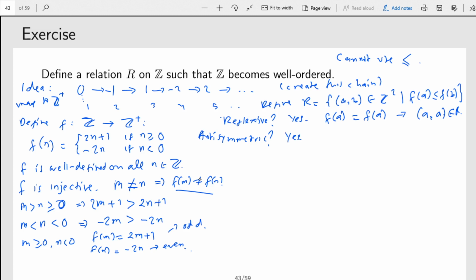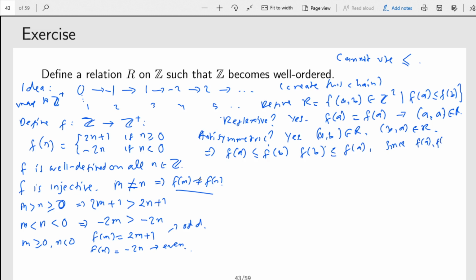Suppose (a, b) is in R and so is (b, a), so we have f(a) less than or equal to f(b) and f(b) less than or equal to f(a). Since f(a) and f(b) are positive integers, then f(a) is equal to f(b).